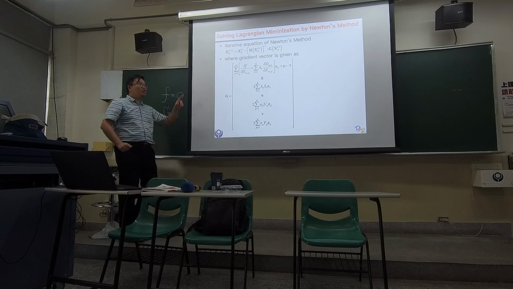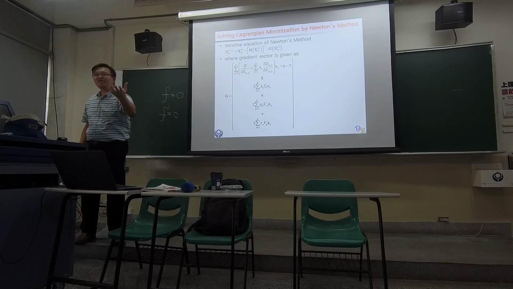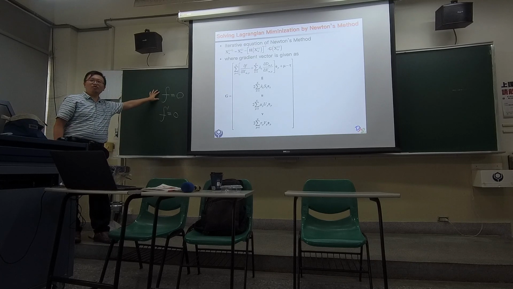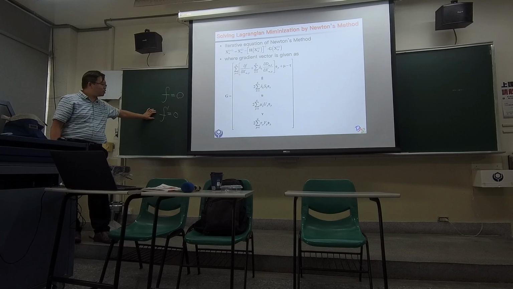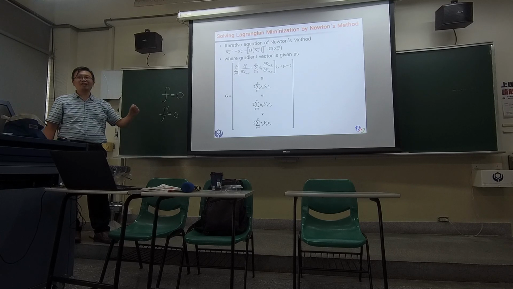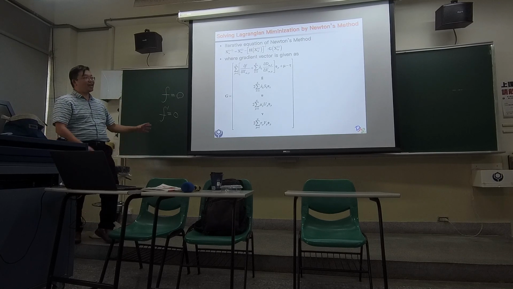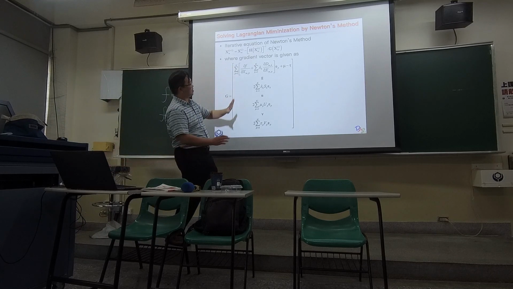So Newton's method in your high school or undergrad teaches you how to find the root. But in optimization, it teaches you how to find the extreme point. And in our case, we're finding the minimum point. And it's a mess.